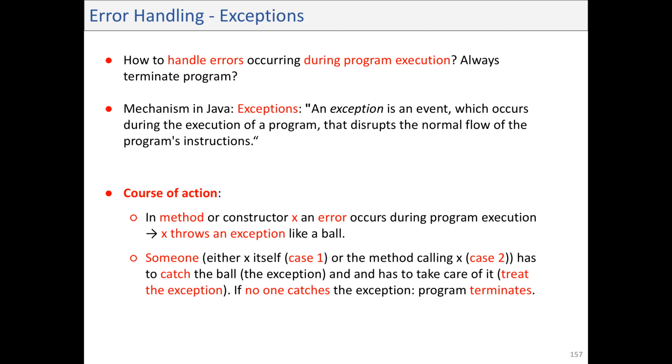The mechanism to do this in Java is so-called exceptions and exception handling. What is an exception? As we read, an exception is an event which occurs during the execution of a program that disrupts the normal flow of the program's instructions. Here's a comma which should be deleted, I'm sorry.